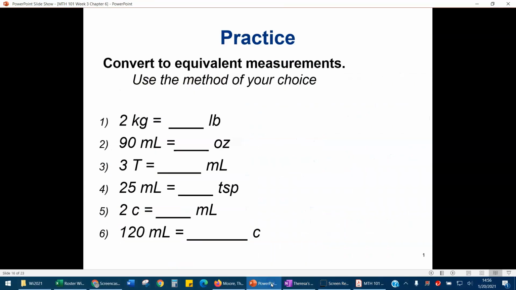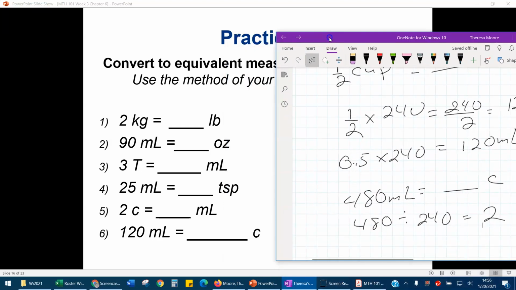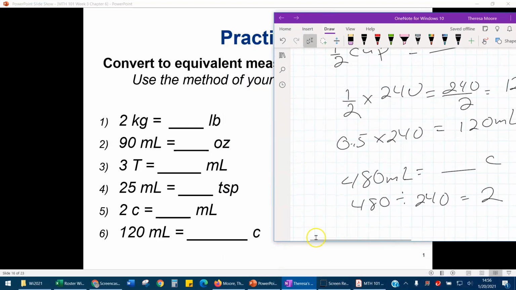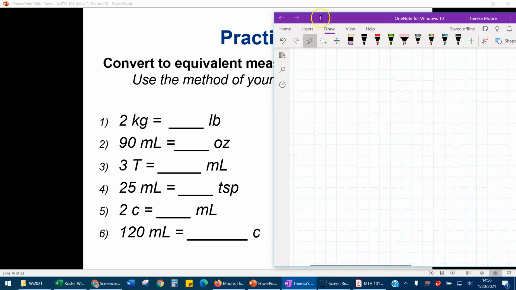Okay, so let's go over some of these practice questions. So these are household to metric. These are converting between household and metric measurements. So 2 kilograms equals how many pounds?